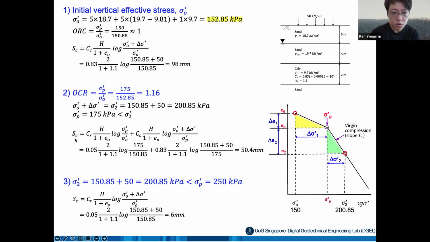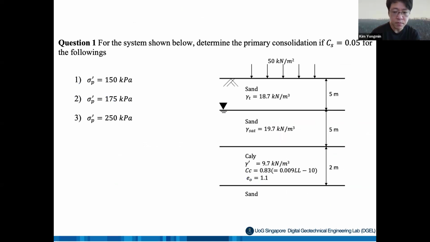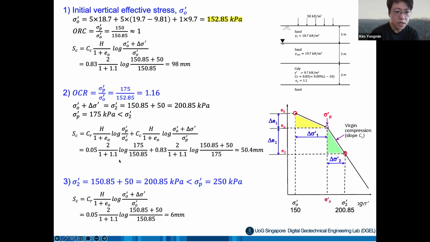So we use such long equations. First part is the yellow, second part is the green. So that's why we need to know Cr. Cr is equal to Cs. Always Cr equals Cs. Decompression and swelling are the same. This is our assumption. 0.05, 2 meter clay, 1 plus initial void ratio, and your initial one is 150.